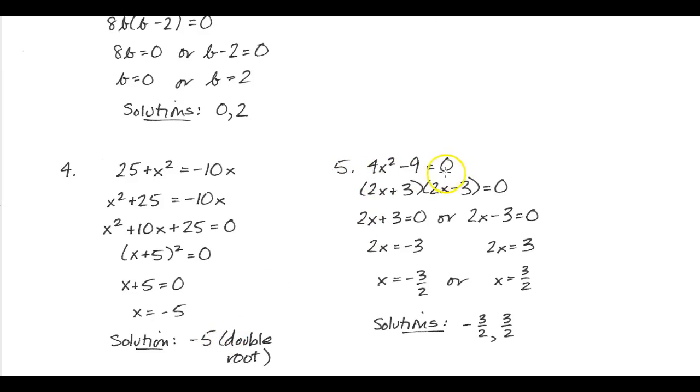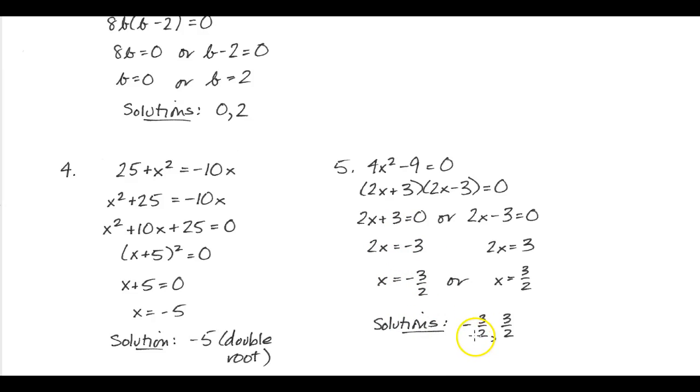And in problem 5, we have a difference of two squares. So 4x squared minus 9 can be factored as (2x plus 3) times (2x minus 3). By the zero factor property, that means 2x plus 3 equals 0, or 2x minus 3 equals 0. So to solve the equation on the left-hand side of the or, we subtract 3 from both sides, and then we can divide both sides by 2.